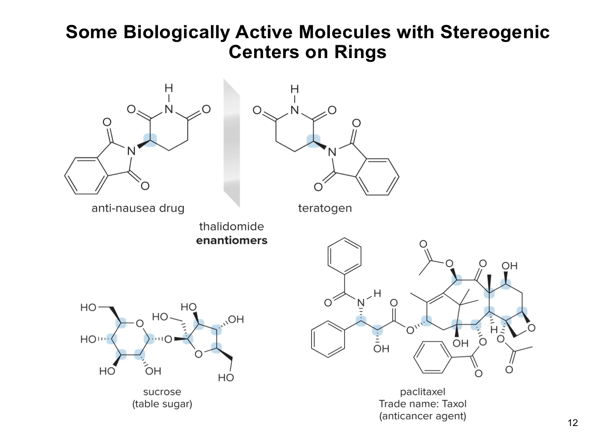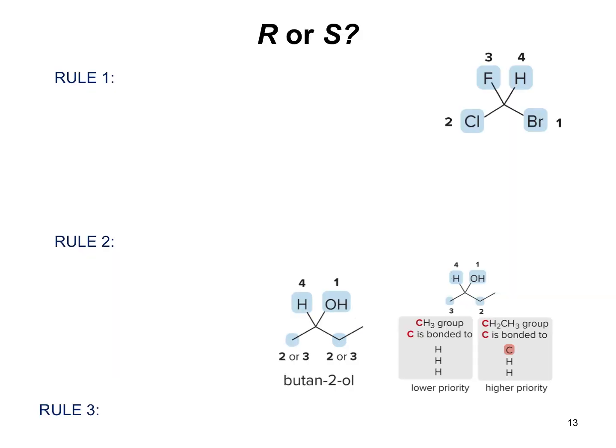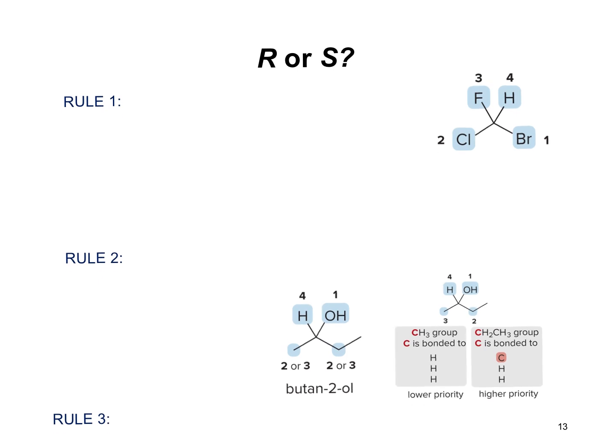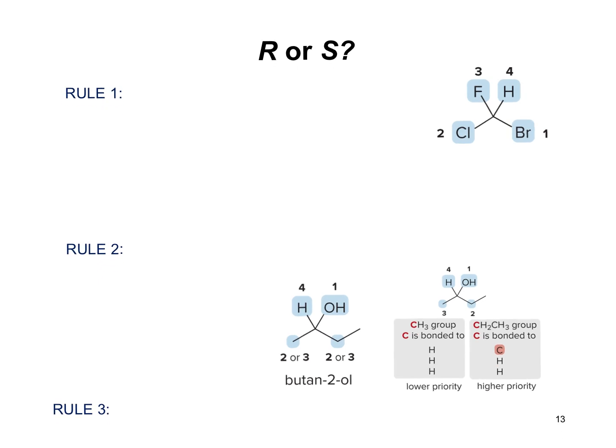Now, since enantiomers are 2 different compounds, they need to be distinguished by their name. And so the way that we do this is we label them as R or S. And to designate R or S, we need to first assign priorities based on their atomic number. So we have some rules to follow when we do this.